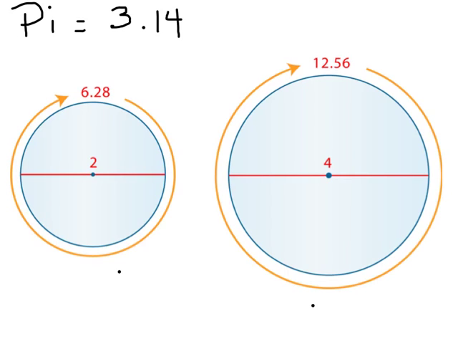But like I said, it doesn't matter. This 2 will go around 3 times with 6.28 left over. 2 times pi, which is 6.28. Here we have the 4 will go 3 times, and then this much left over, 4 times pi, is 12.56.